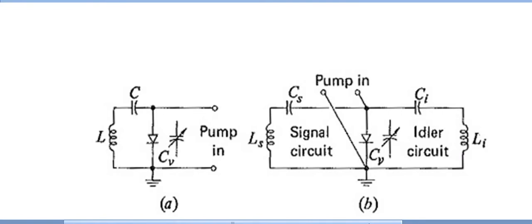Now the non-degenerative parametric amplifier, shown in figure B, like the degenerate one, produces gain with the pump source being a net supplier of energy to the tank circuit. This can only be proved mathematically with the aid of the Manley-Rowe relation.